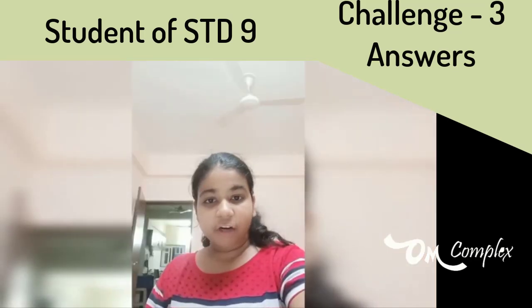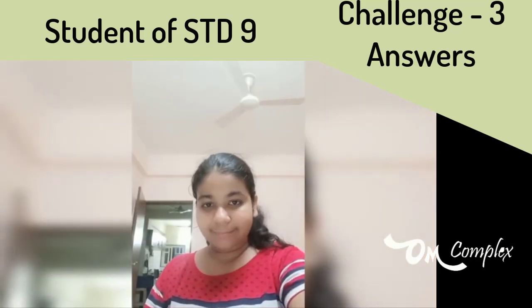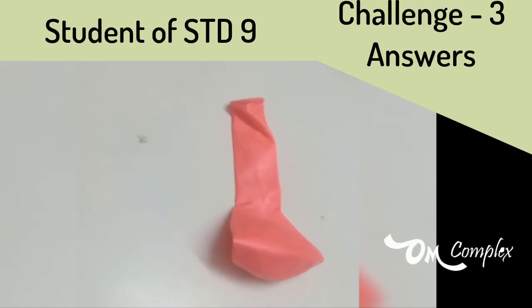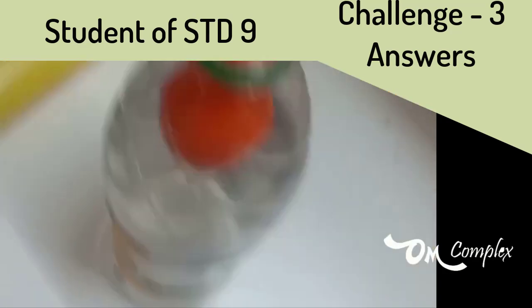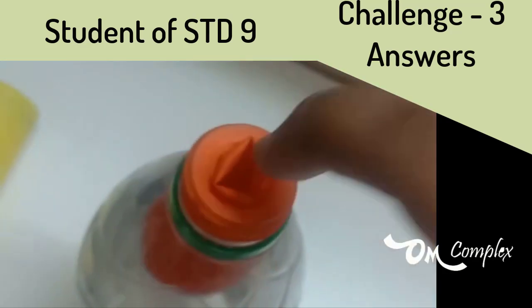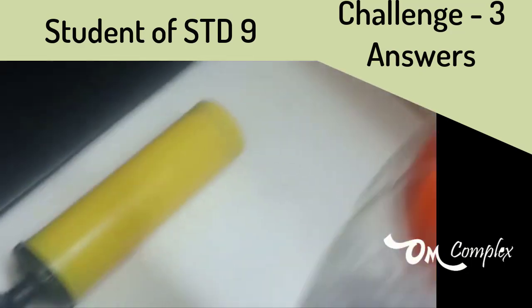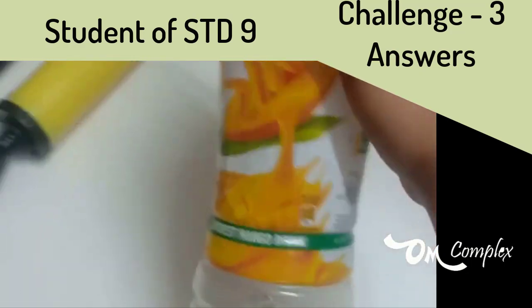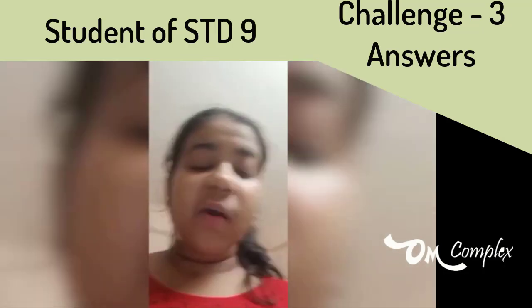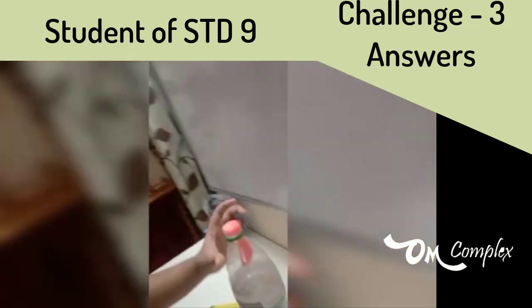The materials that we need are a balloon and a plastic bottle. So first of all, I am trying this with the balloon here and doing this. And now I will try to blow it up. Can you see it?